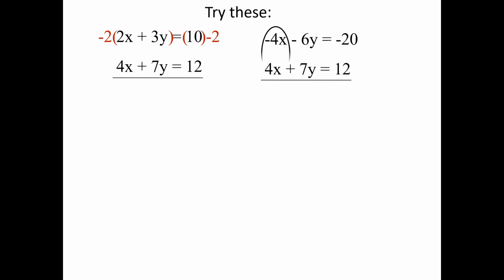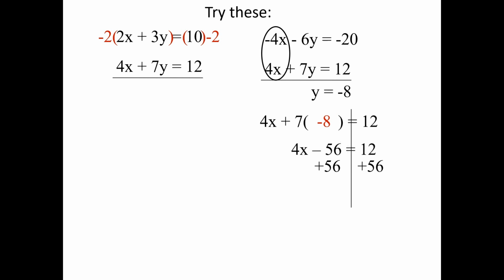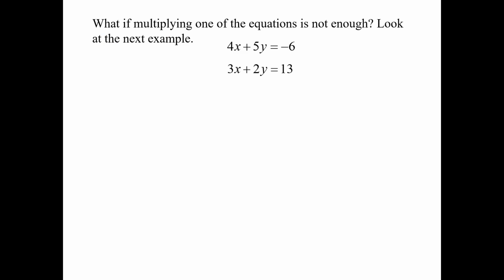Now this one combines really nice. 7 minus 6 is just 1y, and I'm left with y is negative 8. I plug that y in, and I can get the 4x by itself, and then divide by the 4 to find that x is 17. So 17, negative 8 is the solution there.